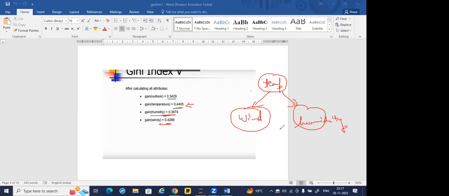And this impacts your accuracies also. So it takes the data set, calculates its Gini or entropies, and gives the accuracies also.